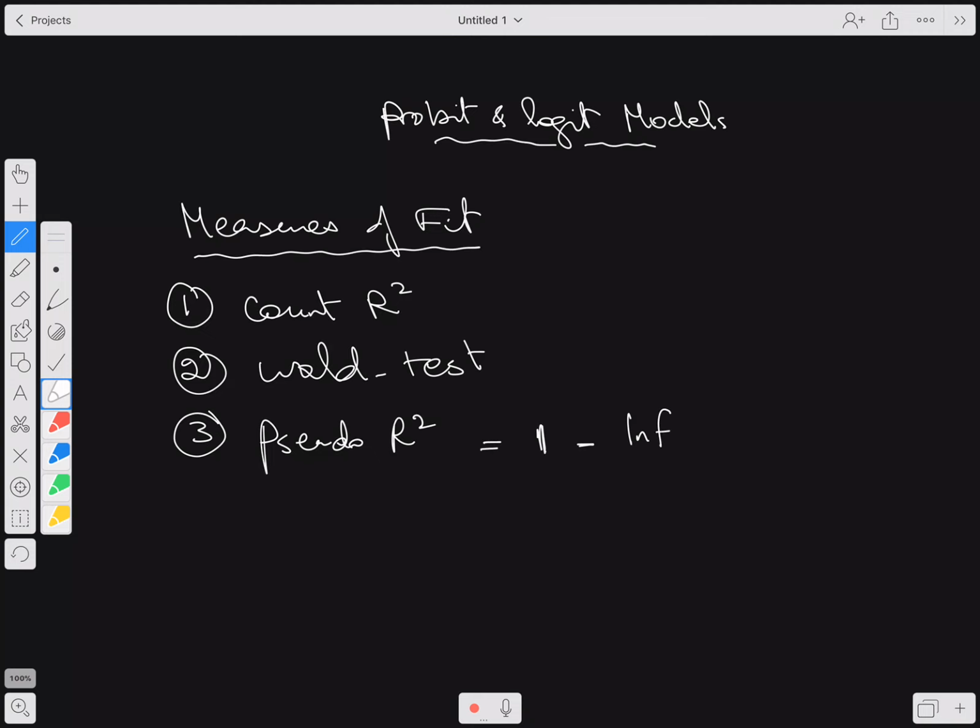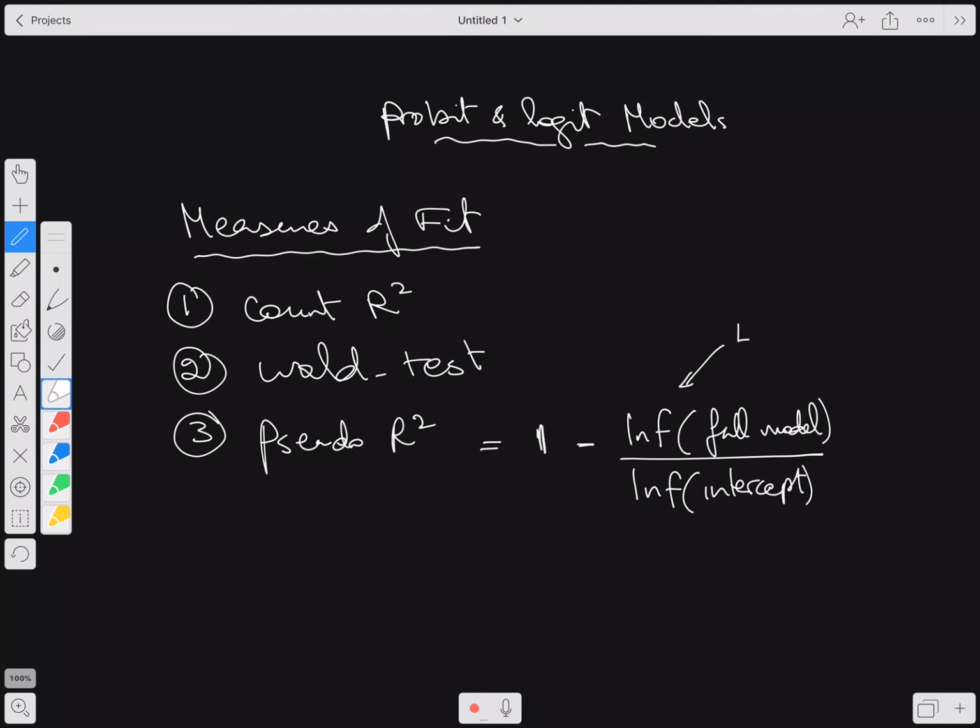In your textbook, you will find this called L. I'm not sure why the author decided to call it L, but it's mostly called F. It doesn't matter as long as you understand the idea of the full model over the log likelihood function of the intercept.